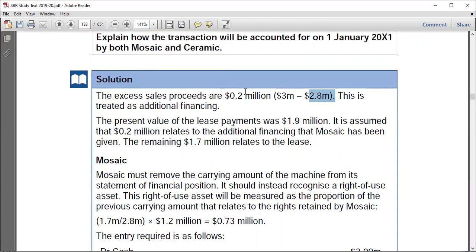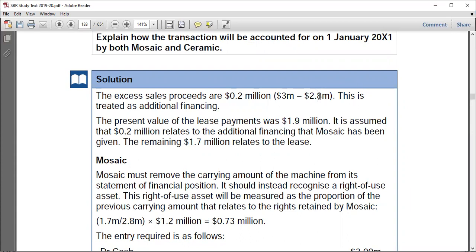So there's an excess of 0.2 million. So it's like we have been financed. We sold something worth 2.8 million for 3 million. That means we have been given an extra 0.2 million. So we call it an additional financing. Now, suppose the fair value was 3 million and they sold for 2.8. That means we would have received much less, right?